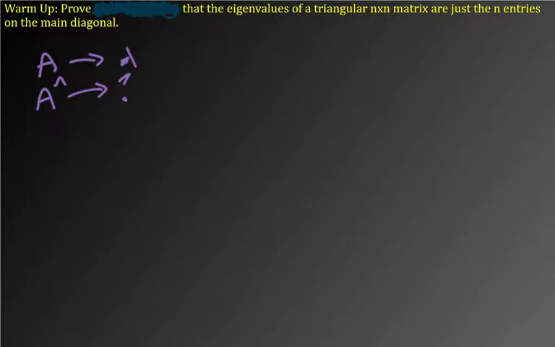So to start off, what I would do here is you could just say something like, note A minus lambda I is also triangular, right?